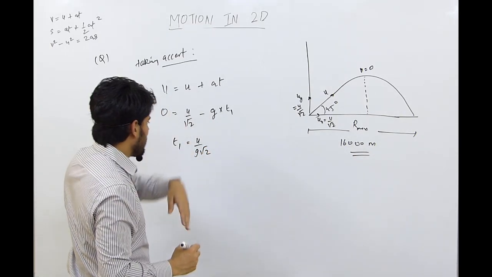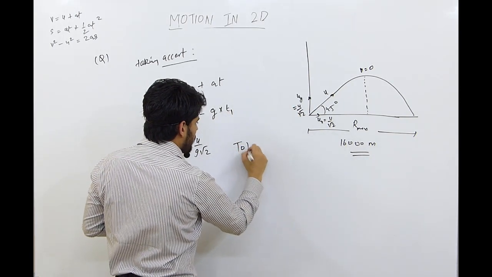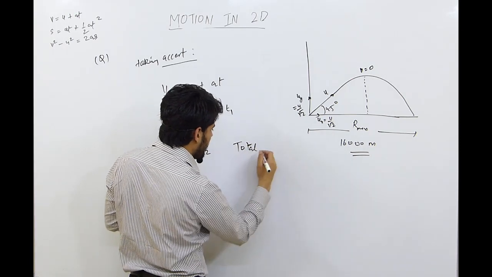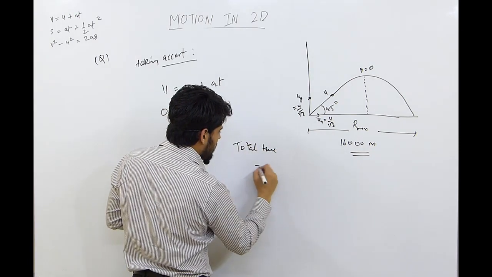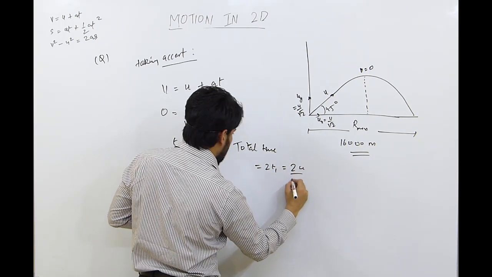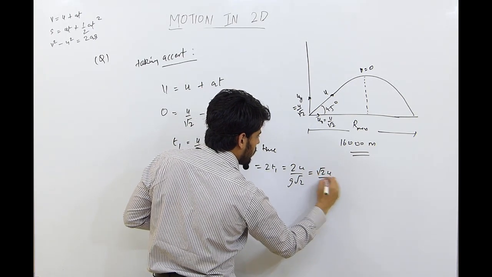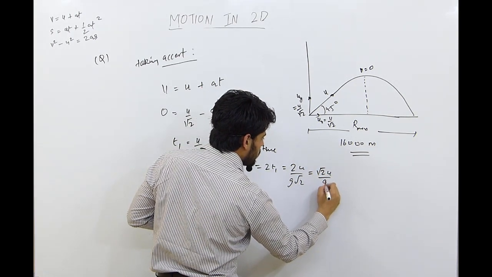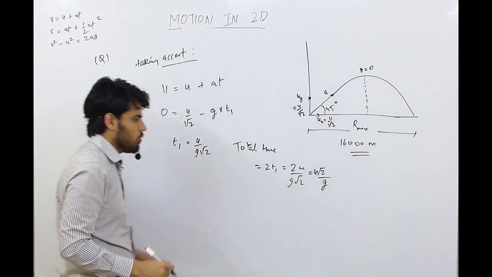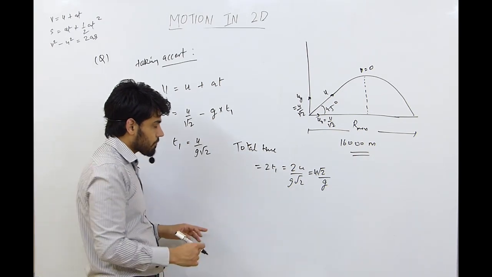What will the total time be? When the bullet reaches the ground again, total time is equal to 2 into t1, that is 2u by g into root 2. It is root 2 u by g. You can write it as u root 2 by g. This is the total time.